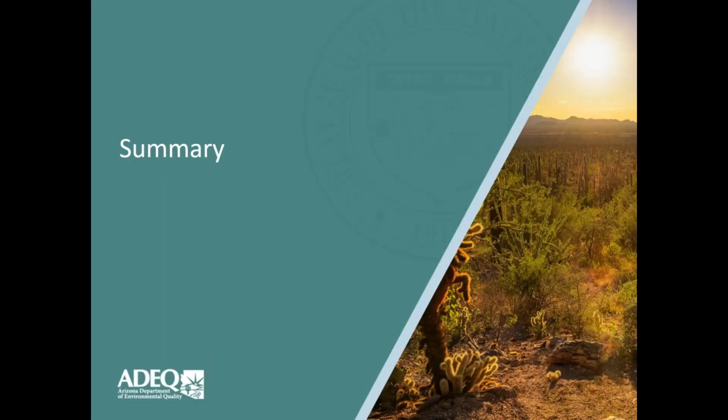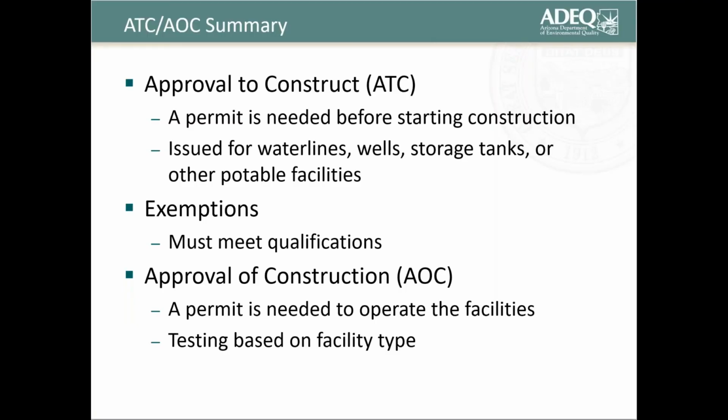So now let's briefly go over the topics we discussed today. Today we went over the ATC phase and learned the requirements that are needed to obtain a permit before construction. We went over the different water components that need an ATC permit and the associated items for approval. We took a slight detour into the exemption process and learned about the rules and qualifications to be exempt from plan review. And remember that it's not always guaranteed.